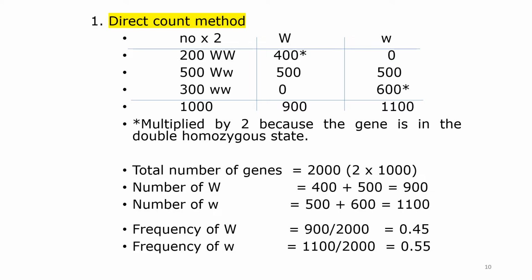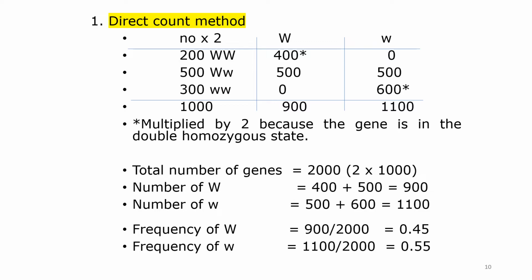So the total number of genes in this population is 2,000, and this is obtained by adding this or by multiplying this by 2. This is a way of balancing out 2,000. So the number of W is 900, 400 plus 500. The number of small w is 1,100, which is 500 plus 600.